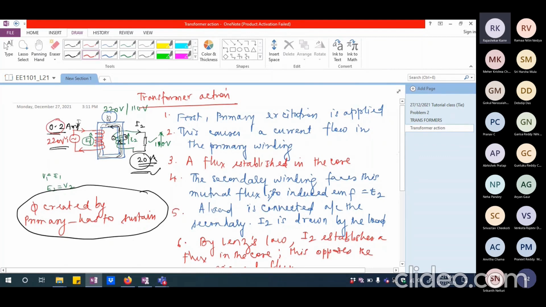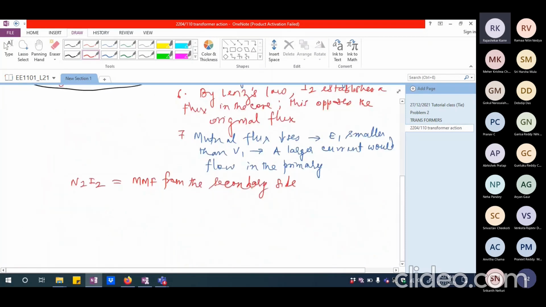All I'm saying is whatever current was drawn by the secondary, which was trying to kill the original flux, will be counteracted by an additional current drawn from the primary side, which will actually counteract the secondary side MMF. So I'm going to have an N1 I1 drawn, where I1 is again an increase in the current on the primary side, such that the original flux remains undisturbed.